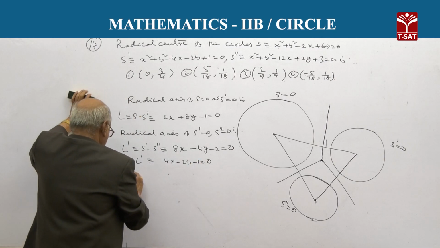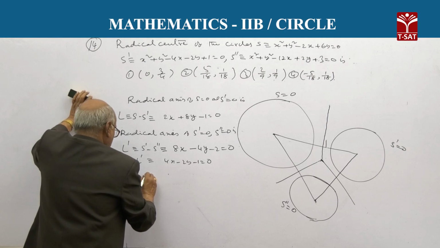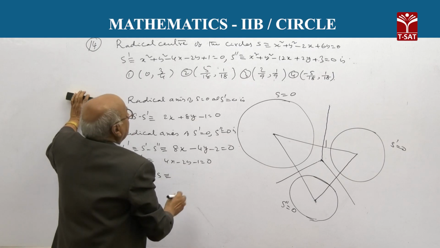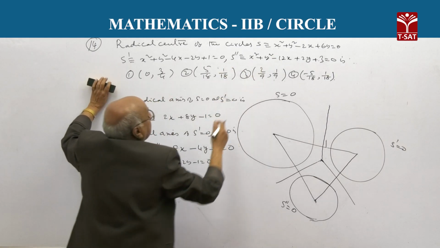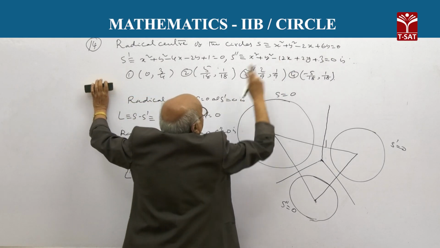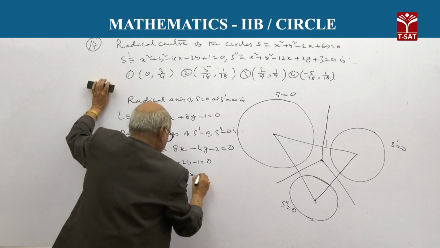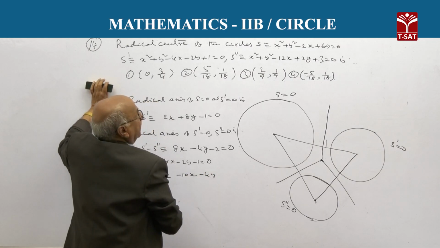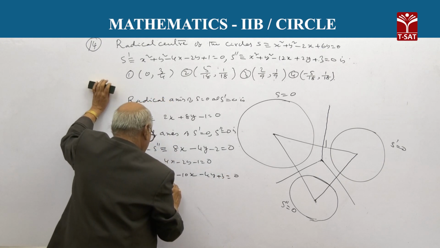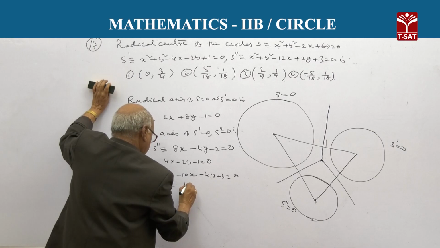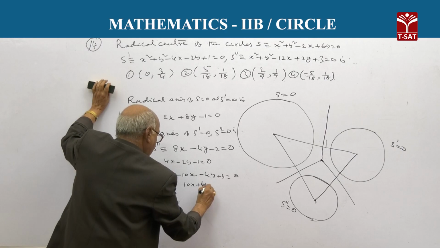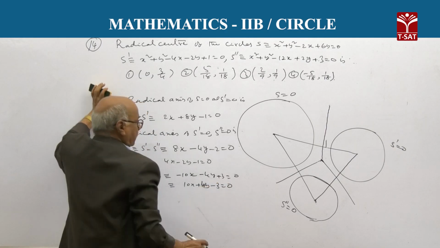And L double dash is S double dash minus S, which is minus 10x minus 4y plus 3 equal to 0, or that is 10x plus 4y minus 3 equal to 0.